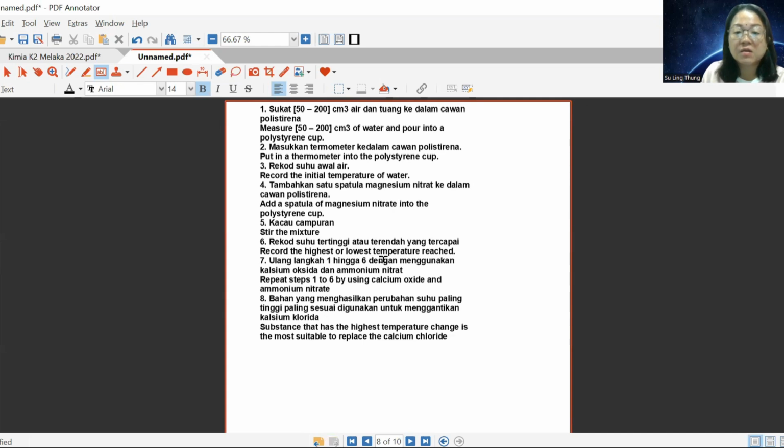Record the highest or lowest temperature reached. Repeat using calcium oxide and ammonium nitrate. The substance that has the highest temperature change is the most suitable to replace calcium chloride. So you have to state the method that you are going to use first, then which particular one can be used to replace calcium chloride.